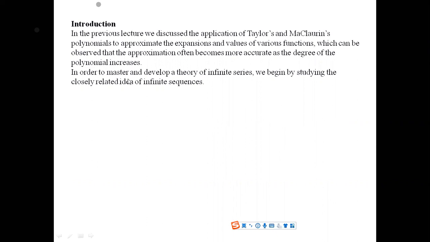In order to master and develop a theory of infinite series, we begin by studying the closely related idea of infinite sequences.